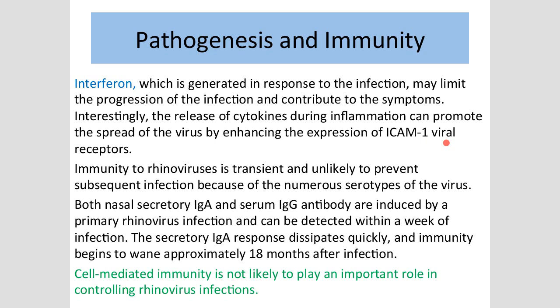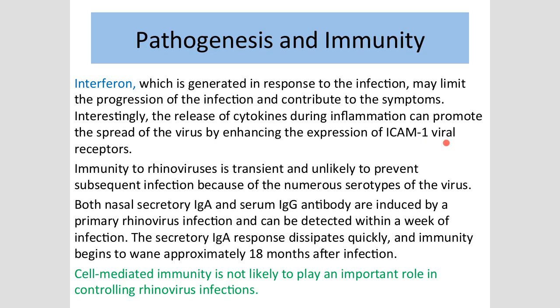Immunity is transient, so it is very unlikely that your first infection will prevent you from having a subsequent infection. And the response also depends upon IgA and IgG, as you can see. If you remember, when we talked about these responses, we said that even if you have secretory IgA, that kind of response dissipates quickly.